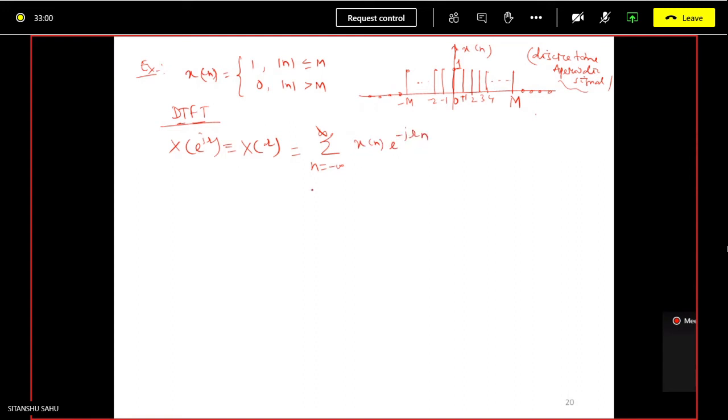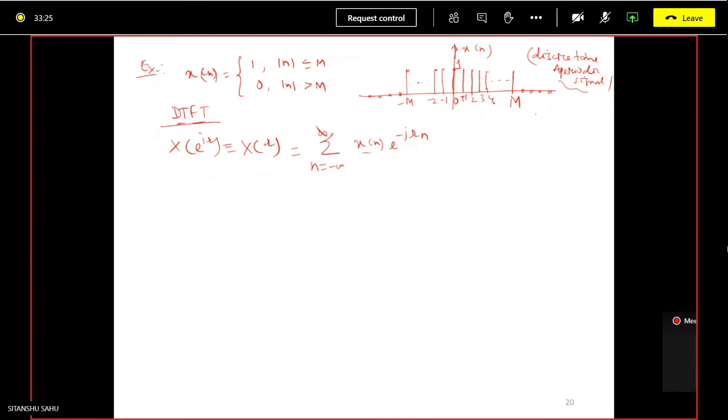So this is the formula. Now you see this x of n is a symmetric function. Its value is the same on the negative side from 0 to minus m, and the same value is repeated from 0 to m. So it shows a symmetric property.